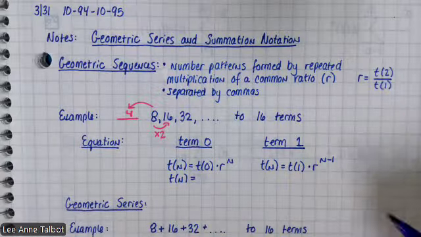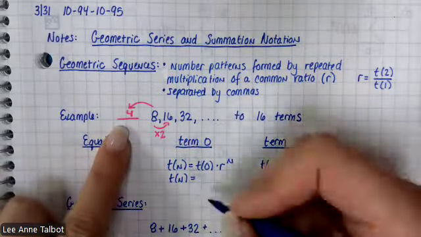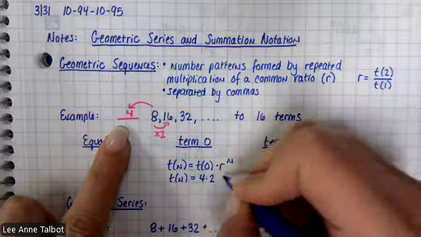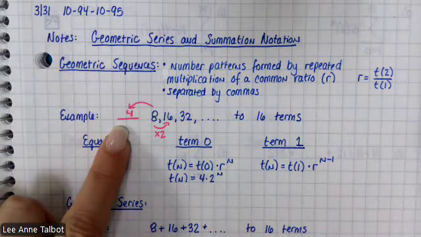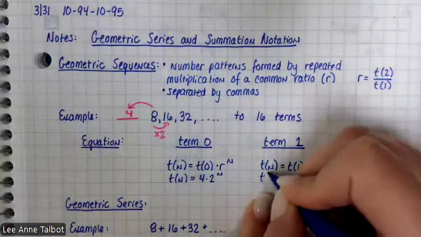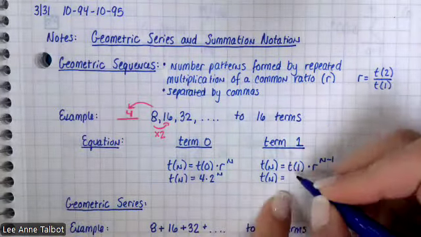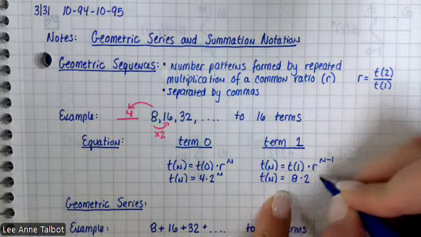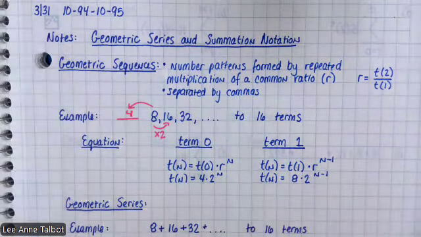Okay, so in this particular example, term zero is 4, multiplier is 2. And term 1 is 8, and multiplier is 2.